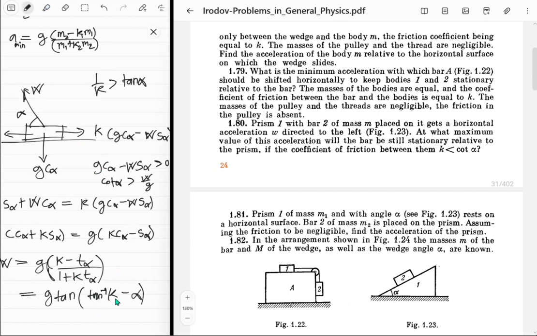So yes, put k as the maximum quantity, which would be cot alpha, and you will get what maximum W should be. So when you put it as cot alpha, it just becomes tan inverse of tan of pi by 2 minus alpha, and this will just be equal to pi by 2 minus 2 alpha, tan of that thing, which would be cot of 2 alpha. So the maximum would in that case be cot of 2 alpha.